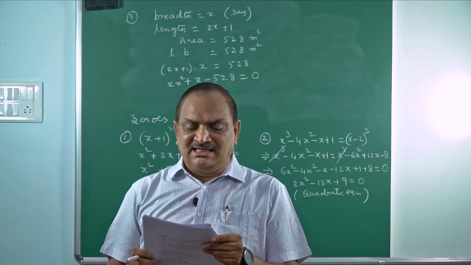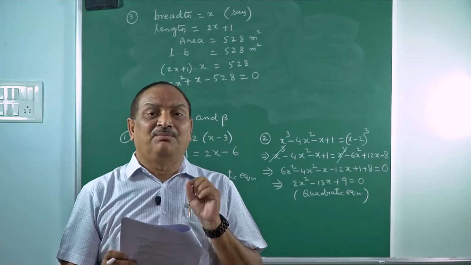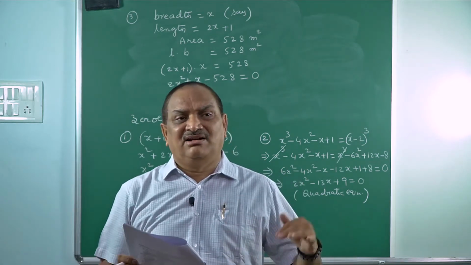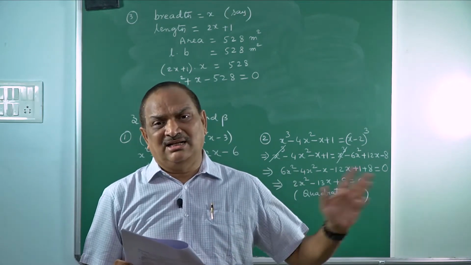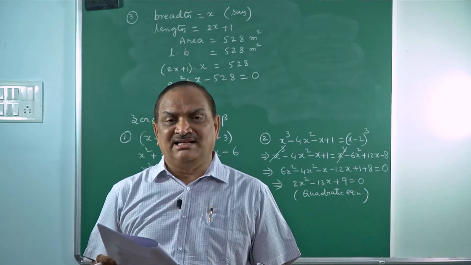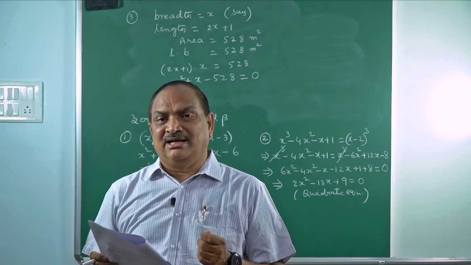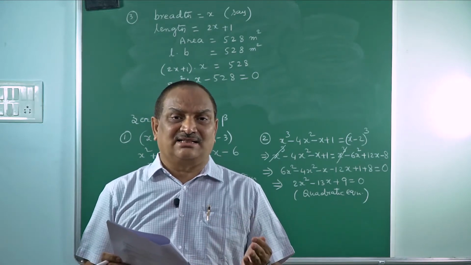The next one is the product of two consecutive positive integers. Positive integers are 1, 2, 3, 4 and so on. You have infinitely many of them, but he is asking you they should be consecutive, one next to the other.